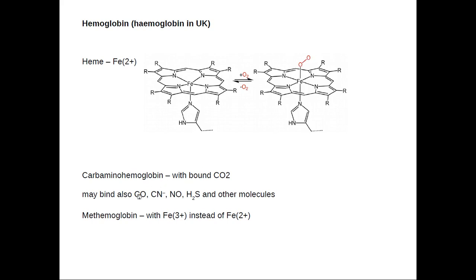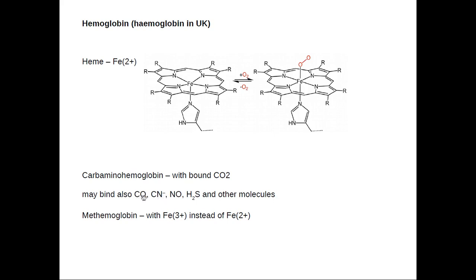It can also bind some other molecules which are mostly toxic, and it can deliver them to other molecules for which they are even more toxic. Like cyanide can be delivered by hemoglobin to different cells in which it blocks the respiration chain, and that's the reason for the high toxicity of cyanides.